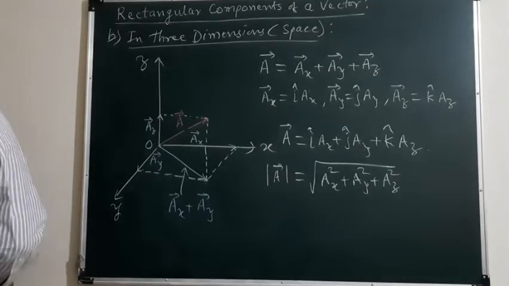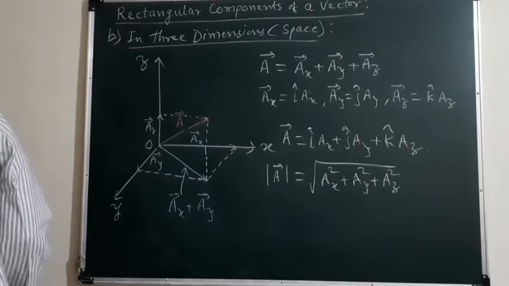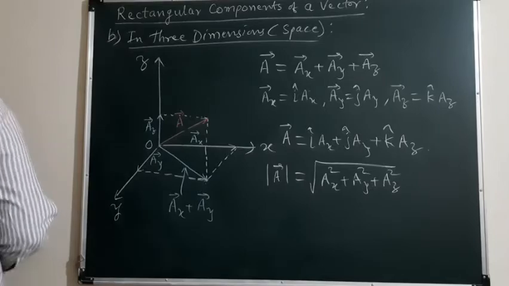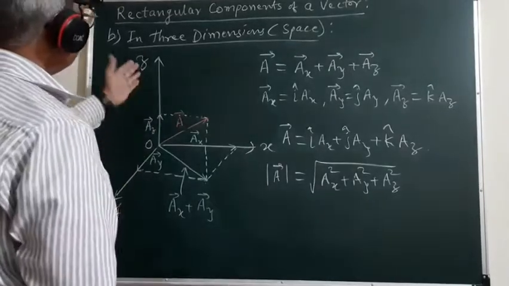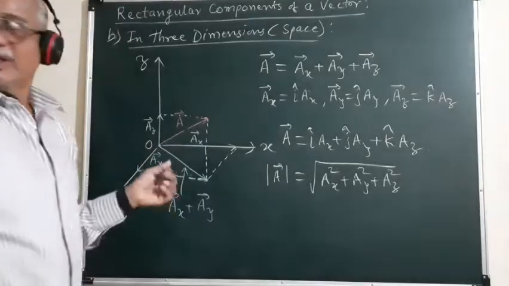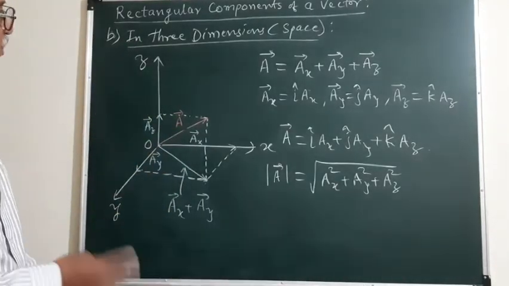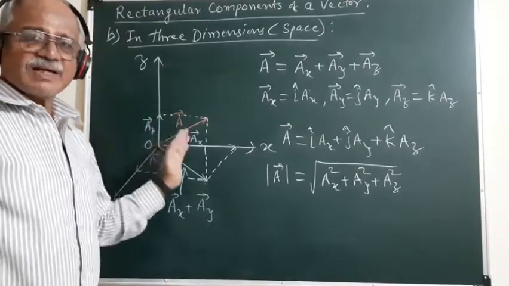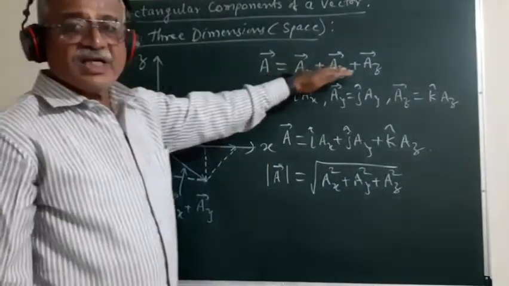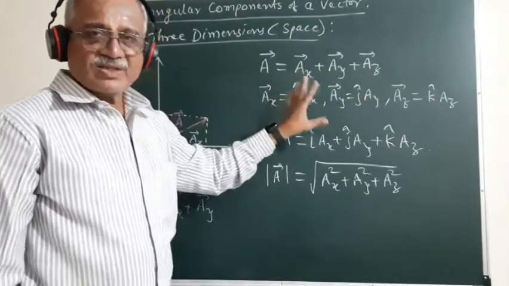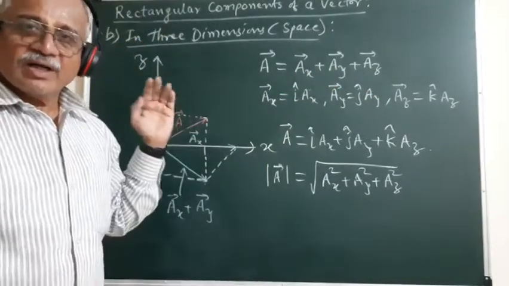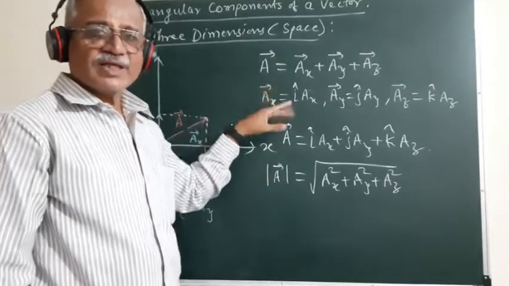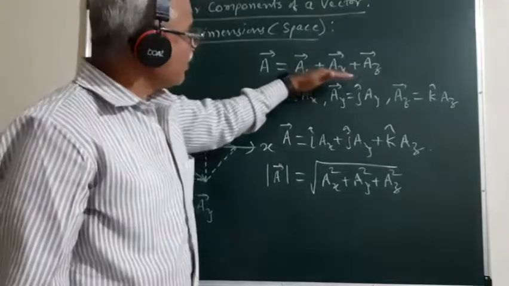In the next video, we shall see the resolution of a vector. Just like while expressing the rectangular components of a vector, a single vector is expressed as the sum of the 3 components in the space, or in the plane, the given vector A bar is expressed as the sum of the 2 components in the xy plane, that is ax bar plus ay bar.